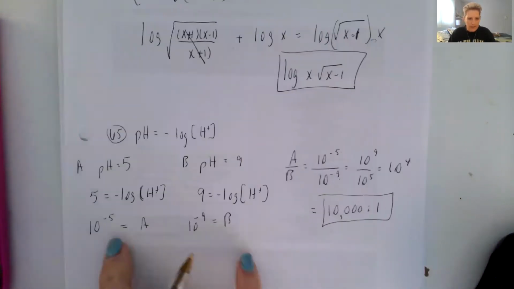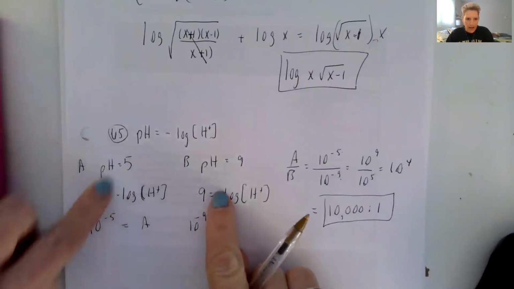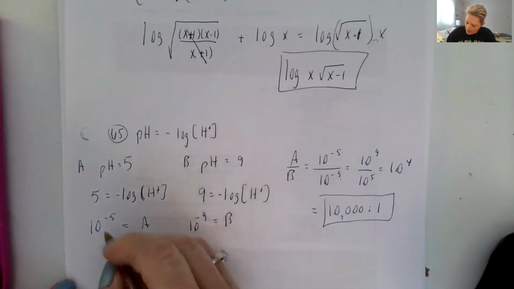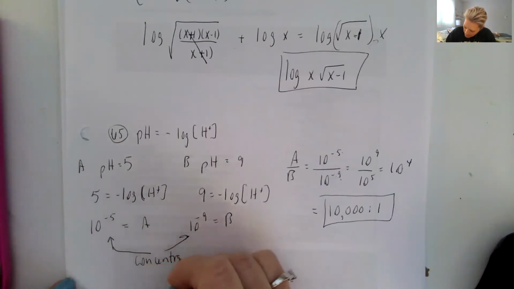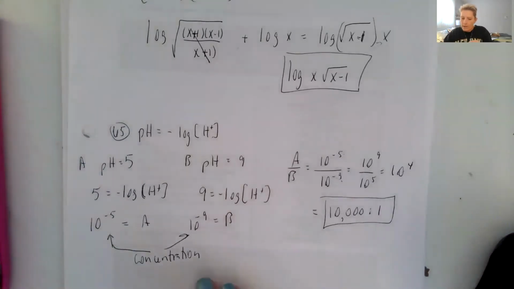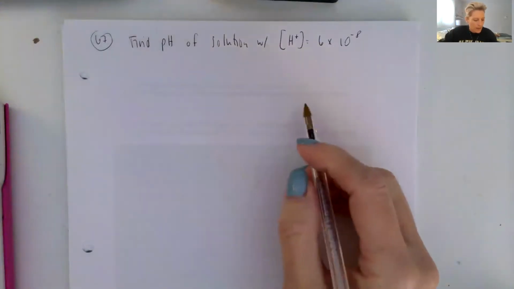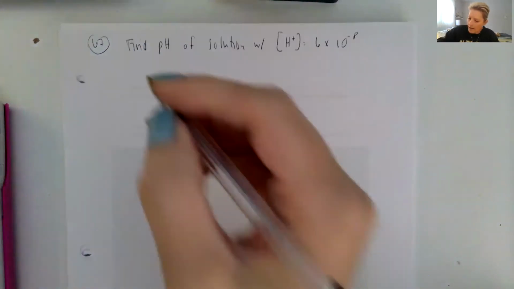So that gave us practice taking a pH of 5 and finding the concentration. These are the concentrations of the hydrogen ions in each of those. And then the last one is, if we gave you the concentration of the hydrogen ions, 6 times 10 to the negative 8, what is the pH of that?